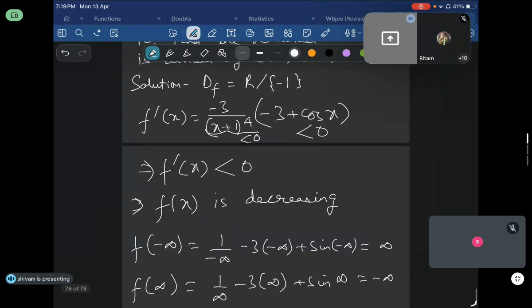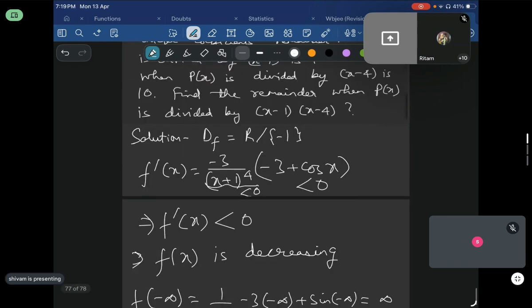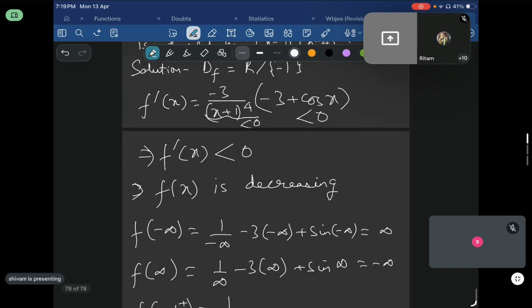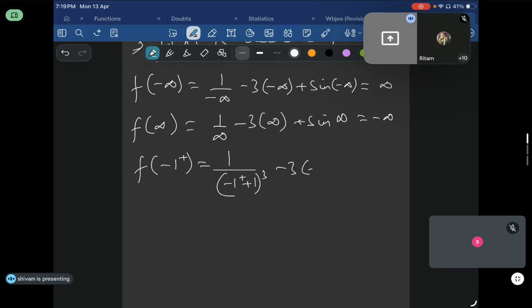Let us find out its functional value at -1 plus and -1 minus. f of -1 plus will be equal to 1 upon (-1 plus plus 1) whole cube, minus 3 into -1 plus sine of -1. This sign won't affect much, but we need to understand what is happening over here.